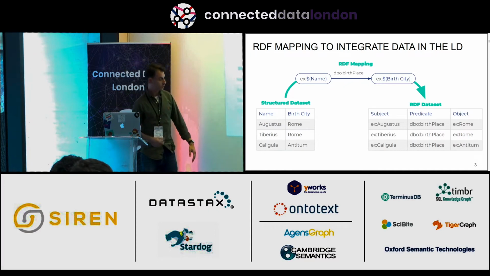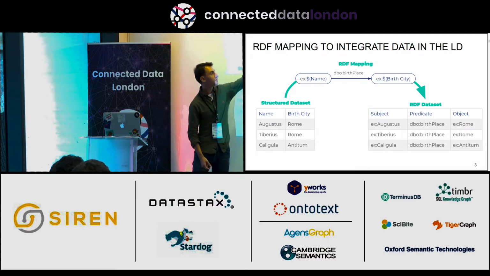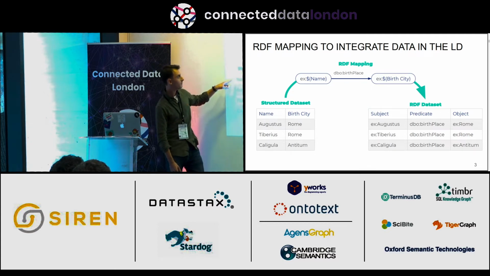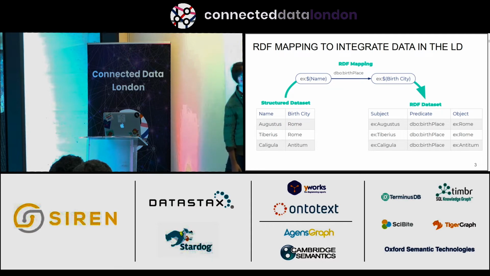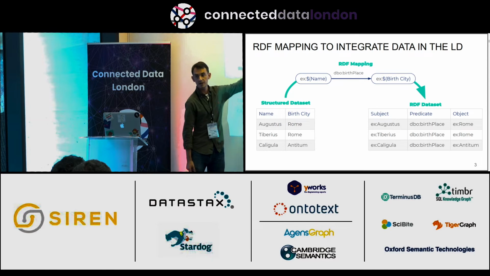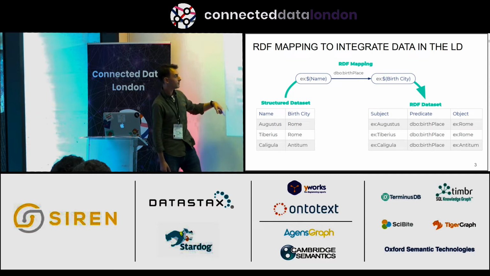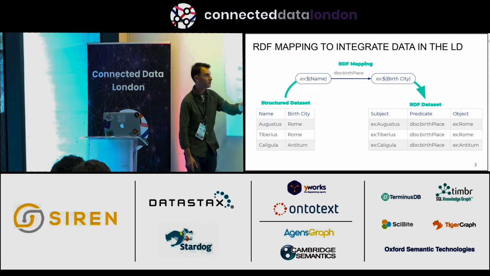So here, for example, in my node, I have references to columns of my dataset. So I will create two nodes, two types of entities, one that will be identified by values in the name column, and another one that will be identified by values in the birth city column.